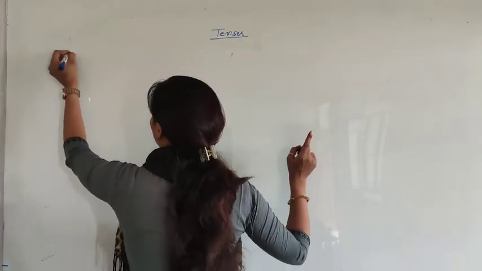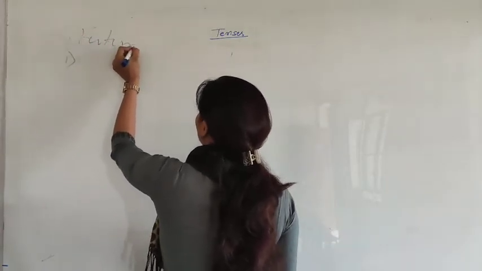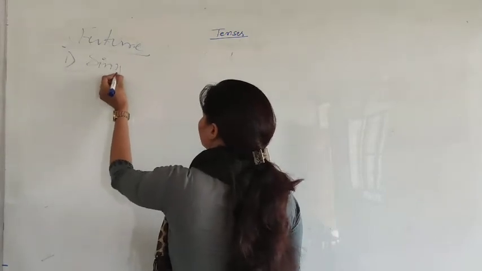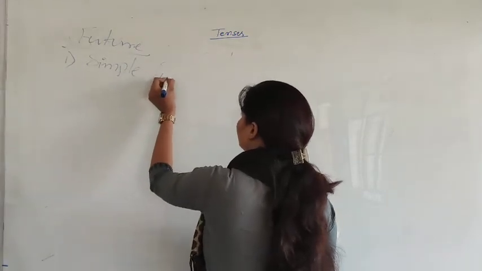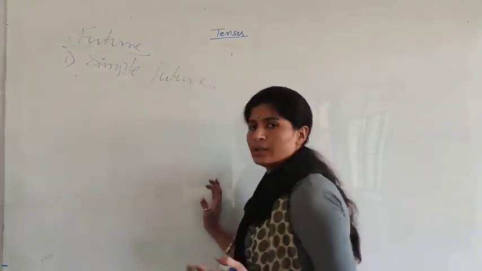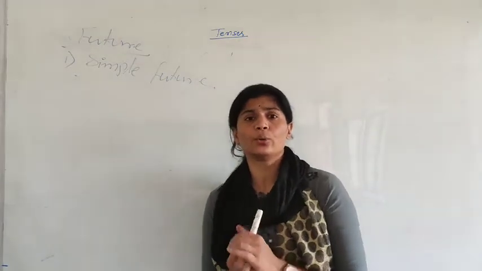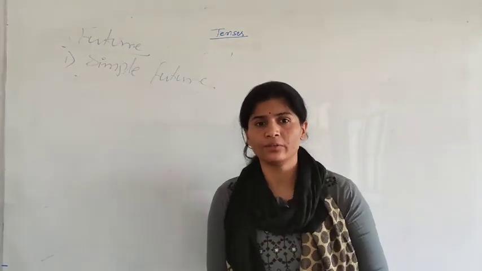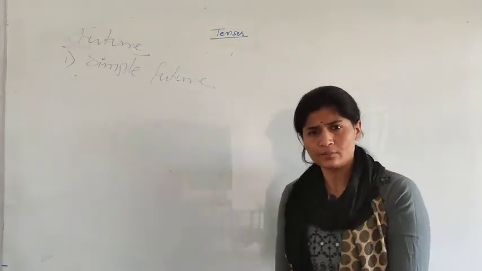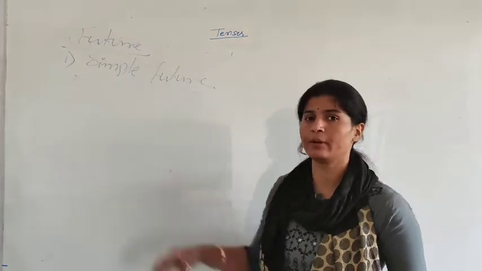The first type of future tense is simple future. Simple future is used to express an action which is going to take place in the future. For example, the next moment any work or any action is going to take place is your simple future.